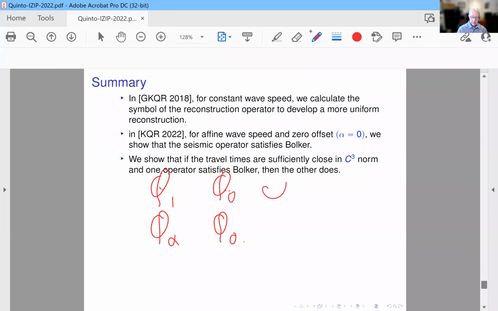And if the original travel times, phi 0, satisfy Volker, and phi 1 or phi alpha are close for offset, then the other one does: the operator corresponding to phi 1 or phi alpha.